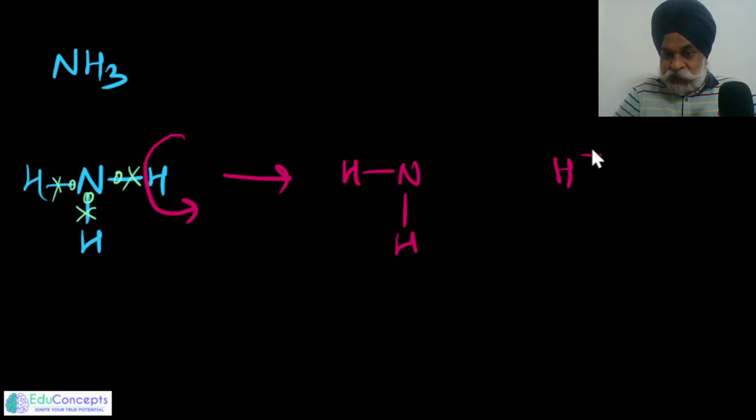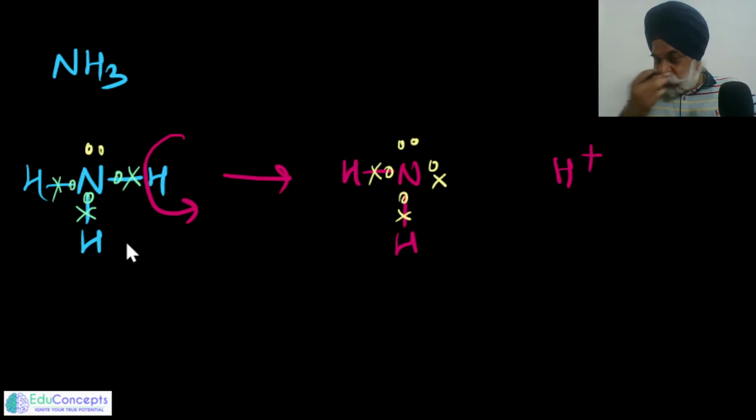This went out as H positive, the H came out giving its electron to the nitrogen itself. So dot and cross is there, this dot and cross is also there, this dot and cross is also there, and nitrogen is having one lone pair as well.